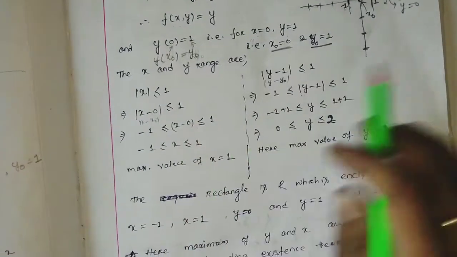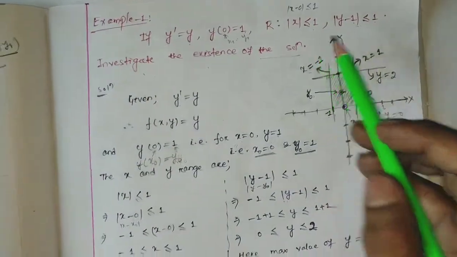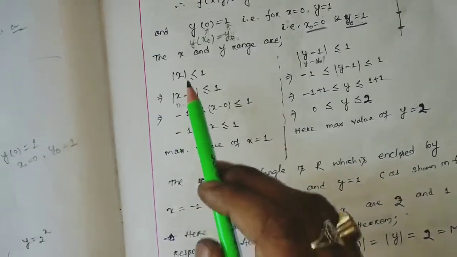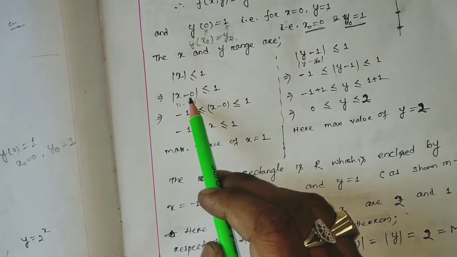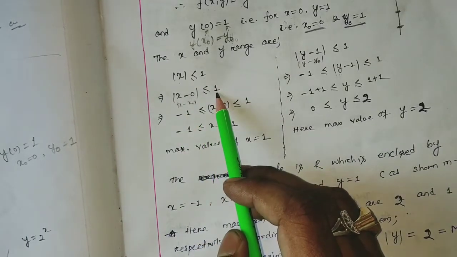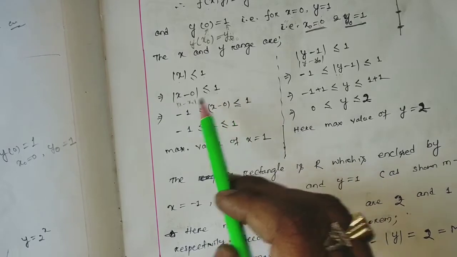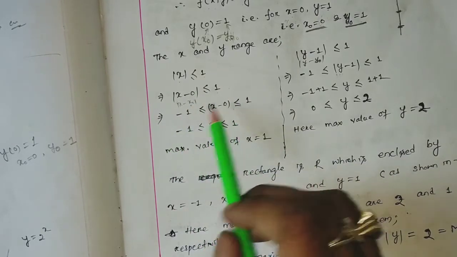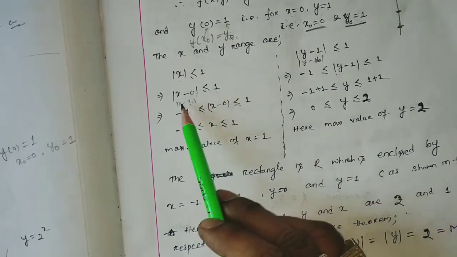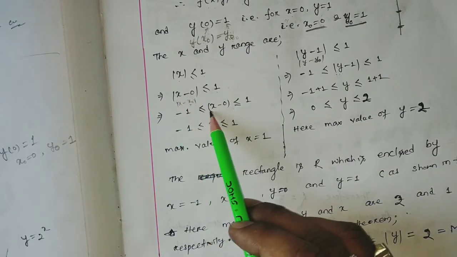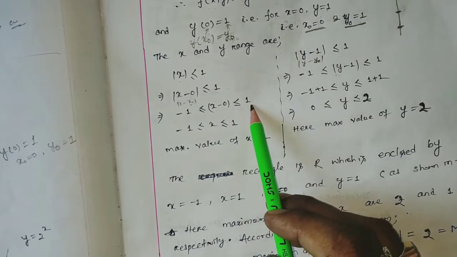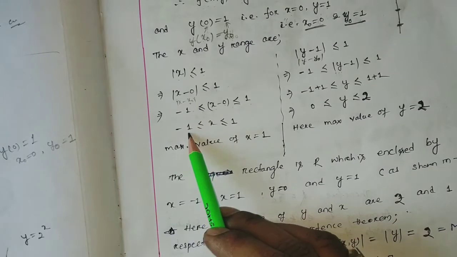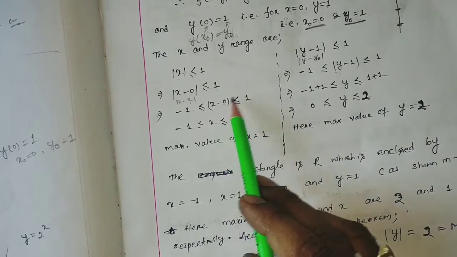So here the region range I have calculated separately. You can see |x| less than 1, that means |x − 0| less than or equal to 1. Here 0 is nothing but x0. So we can write −1 less than or equal to x − 0 less than or equal to 1. So this will be −1 plus 0 is −1, and 1 plus 0.